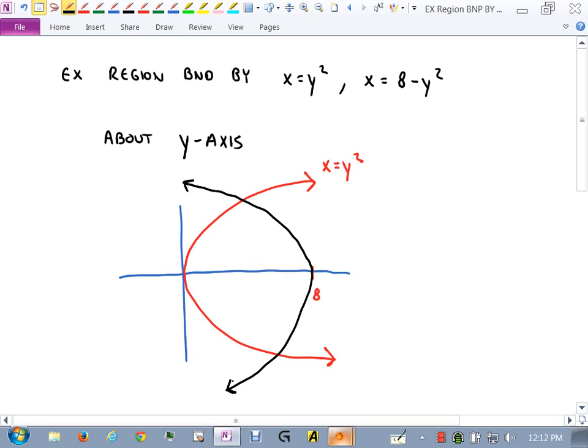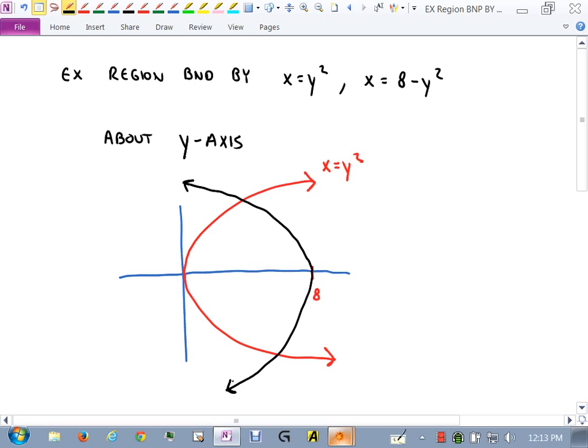Now, the problem we have here is that because these are functions of y and not functions of x, we can't use the method we just did, right? Our axis of rotation is the y-axis. We're trying to go around this way instead of around this way. So our washer needs to look different. Our rectangle can't be vertical.